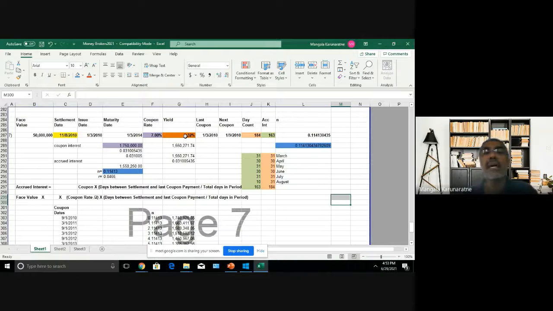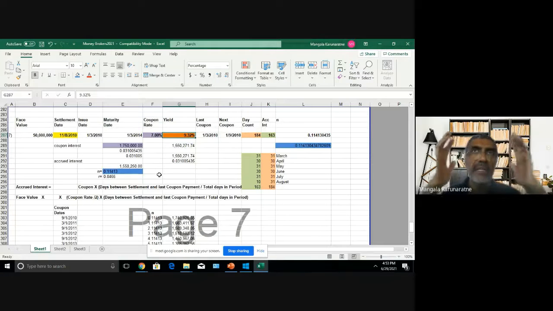That is, you get half of the yield to maturity. Why do you use half? Because now we have taken 6 months, the semi-annual period, as one period, right? So our calculation should be based on that.